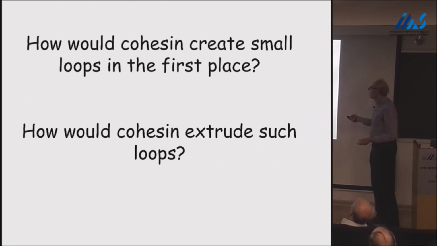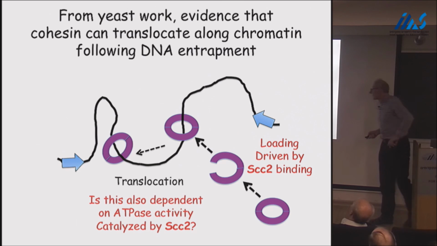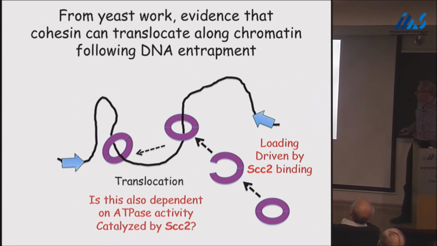So the question is, how would cohesin create these small loops, and how would cohesin extrude such loops? I've told you that in yeast we believe the loading reaction looks like this, and then you translocate down the chromosome. The big question is, is this reaction catalyzed by SCC2 and ATP?